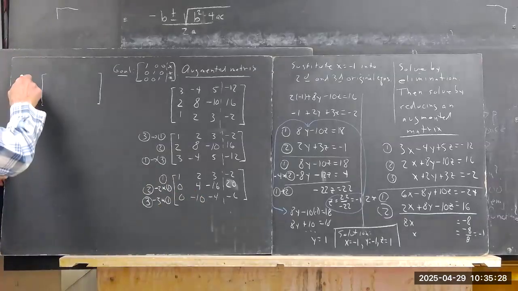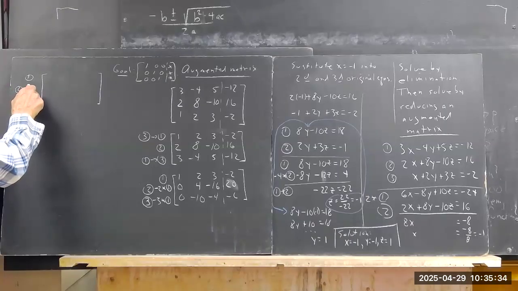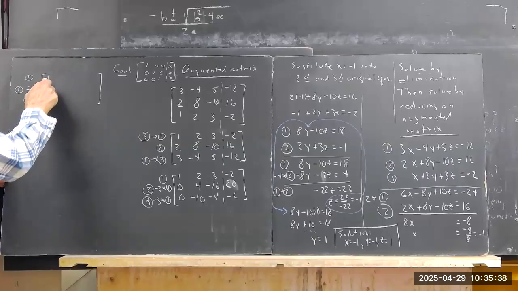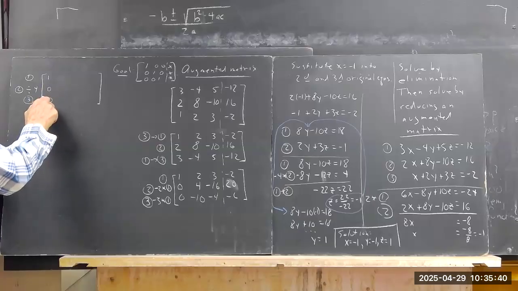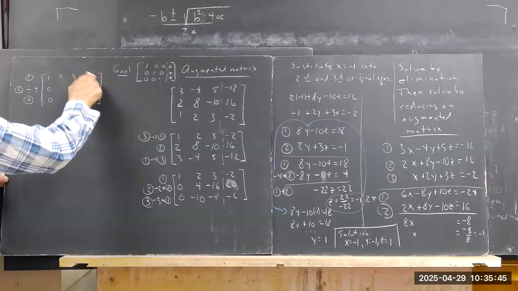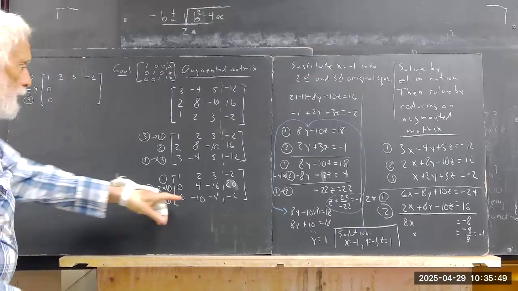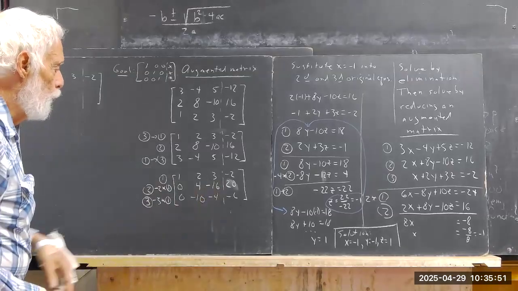So my next matrix is going to be row 1, row 2 divided by 4, and row 3. Now I'm going to have 1, 2, 3, -2 here. I divide this row by 4.